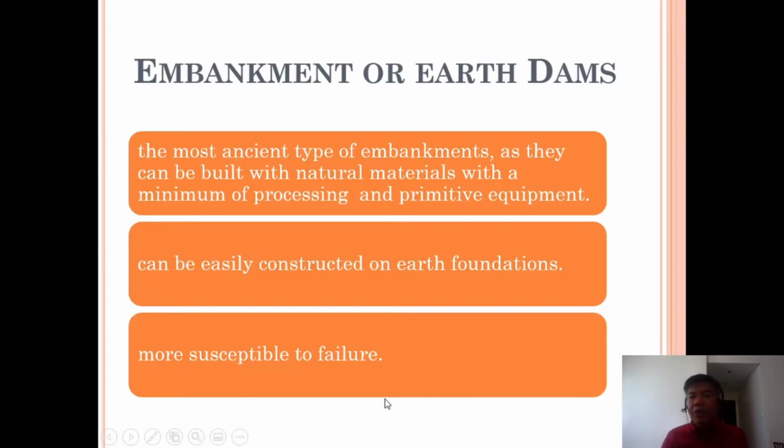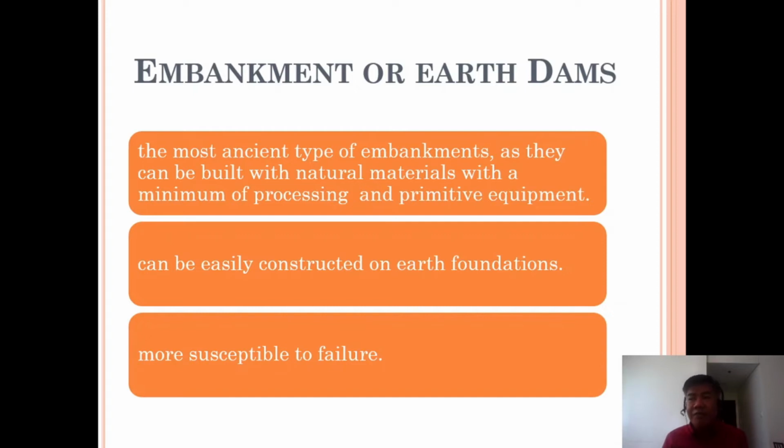So when we talk of earth dams, it is actually the ancient type of embankment. The purpose of an earth dam is of course to impound water, but it is just of small area.